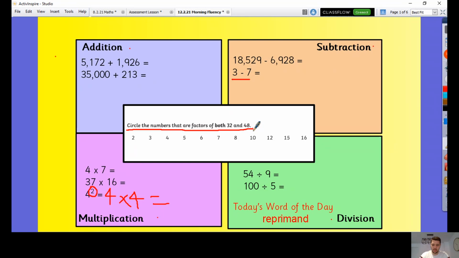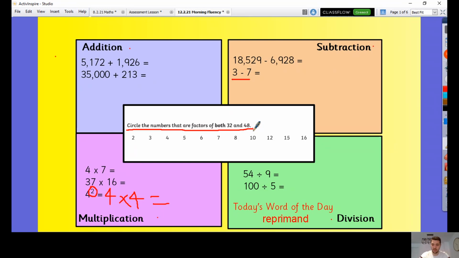We looked at factors briefly in autumn term. Remember, a factor is any number that you can multiply that has a product of 32. So there's any multiples. For example, 2 is a factor of 10 because I can do 2, 4, 6, 8, 10.